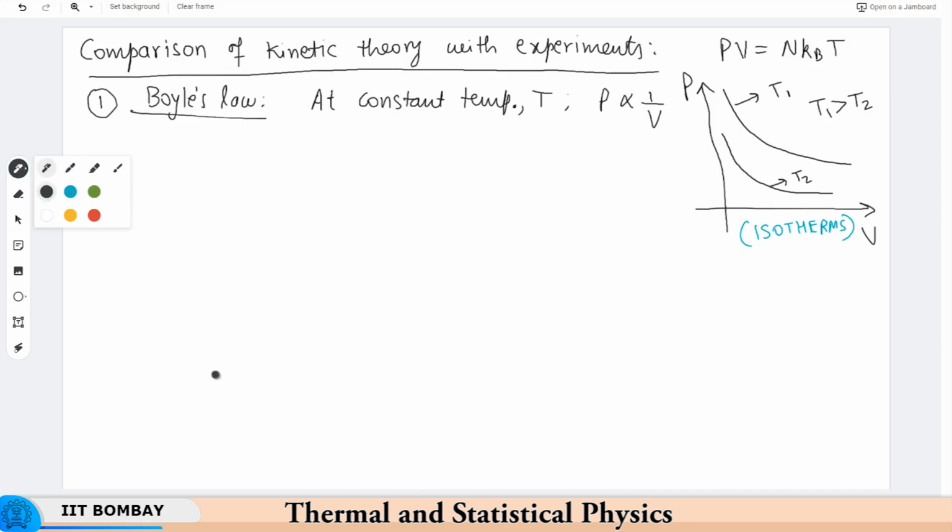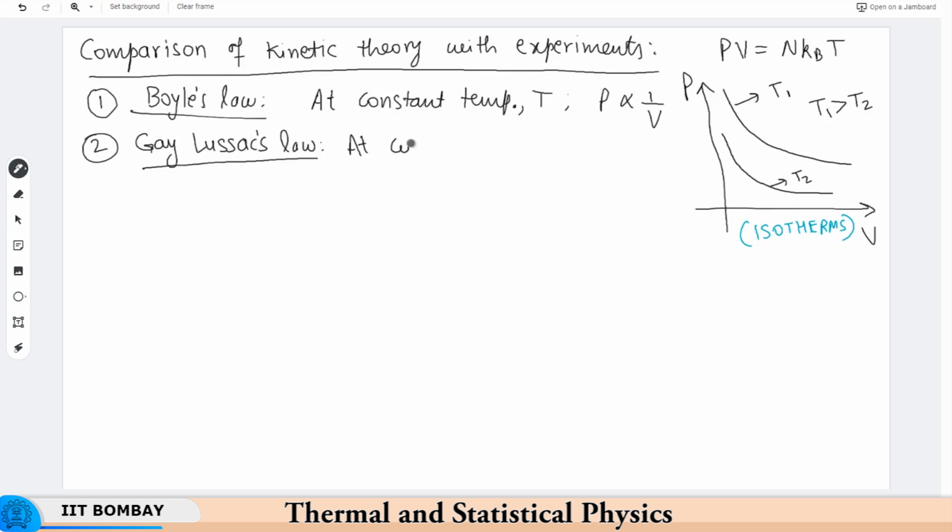The other important experimental observation was known as Gay-Lussac's law. Here they again performed many experiments on various gases, and they saw that at constant volume the pressure of the gas is proportional to its temperature.